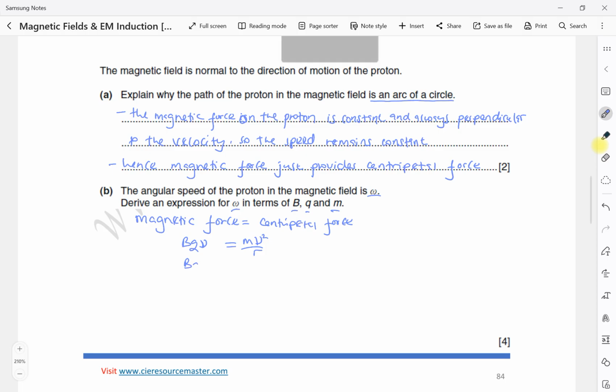So this means that BQ equals mv over r, and for circular motion we know that v equals omega times r. So this implies that BQ equals m omega r divided by r. So BQ equals m times omega, or you could say that omega equals BQ divided by m.